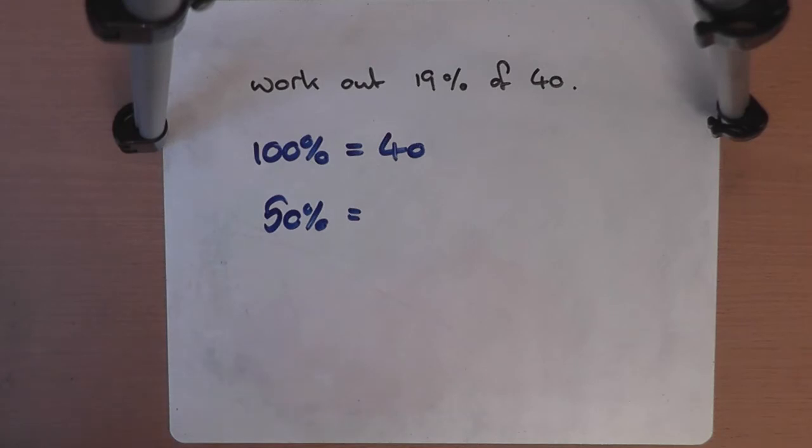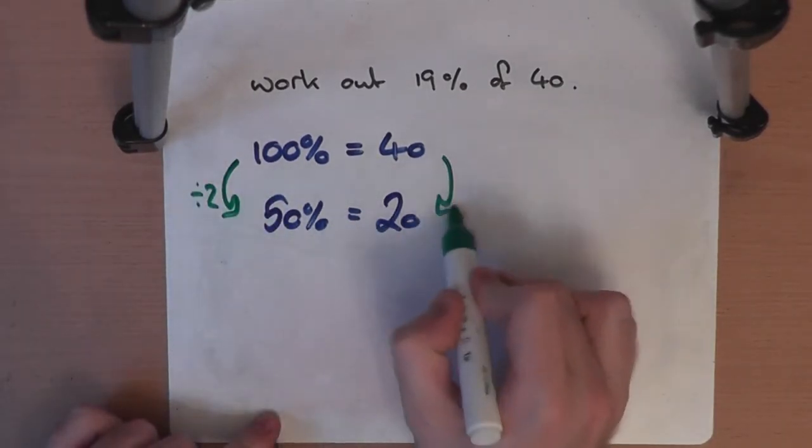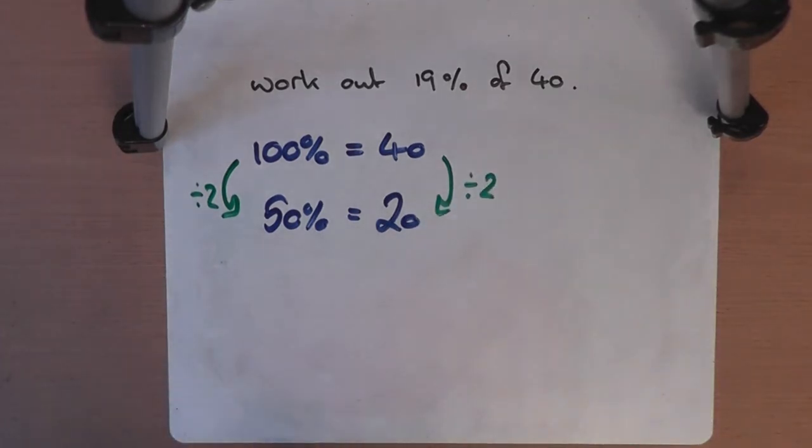Well, what's the link between 50 and 100? Two 50s make up 100. As in, 50 is half of 100. So if 100% is 40, then 50% must be half of the information. So 50% must be half of 40, which is 20, i.e. we have divided both things by 2. We have divided by 2 to find the 50%, and we've divided the total to find the 50% as well.